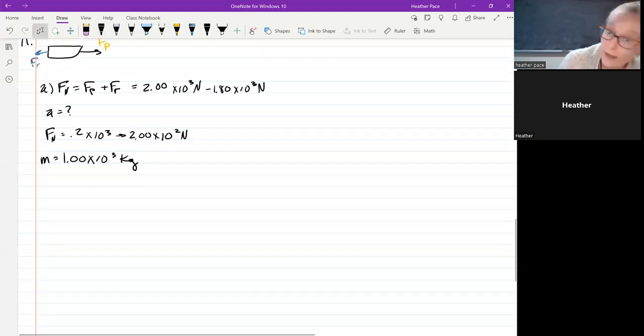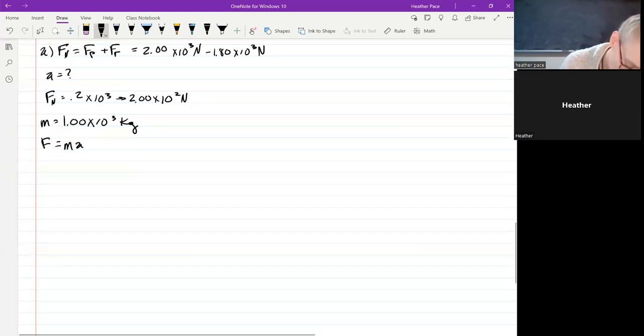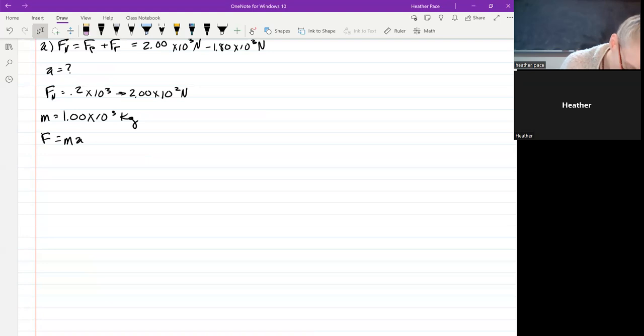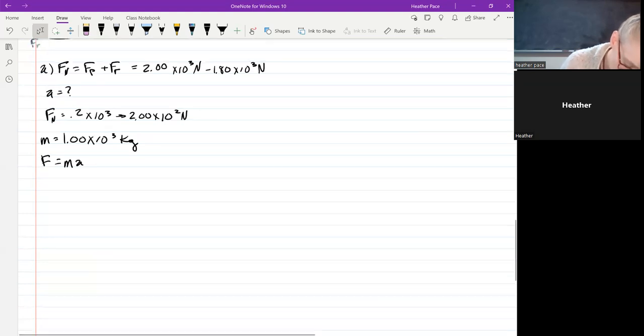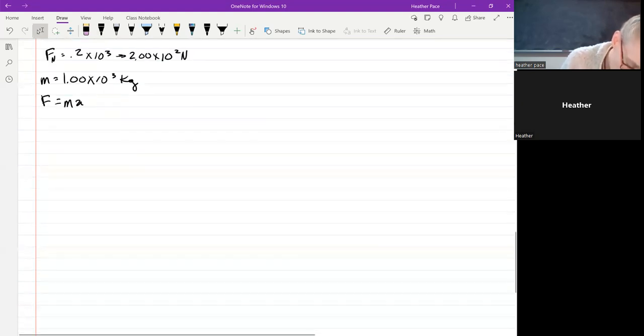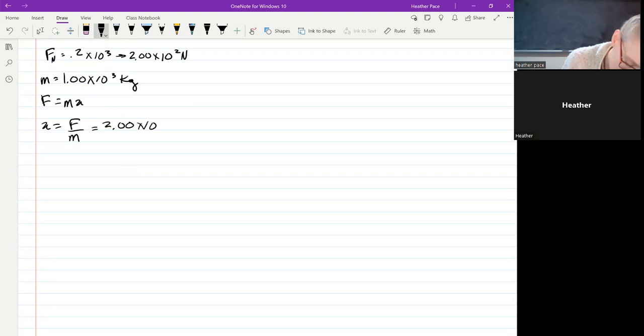So we again know F equals ma, Newton's second law. We are solving for acceleration, so we're going to divide both sides by mass again, and we're going to get A equals F over m, which is going to be 2.00 times 10 to the second newtons divided by 1.00 times 10 to the third kilograms.